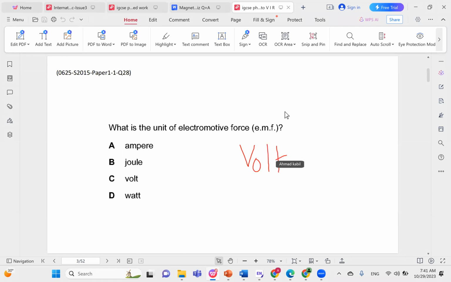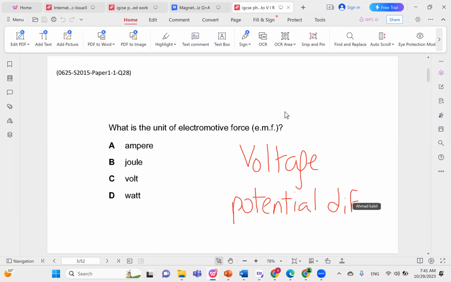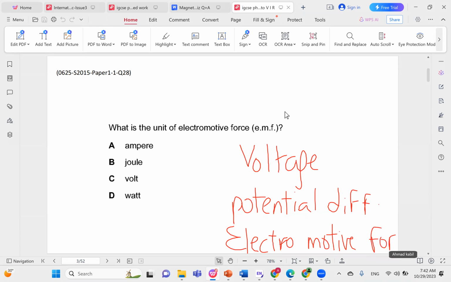So we have voltage, potential difference, and electromotive force. These all have the same unit because, in a sense, they are measuring the same thing. So these are all measured in volts.